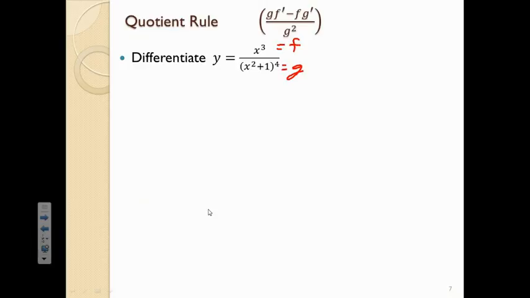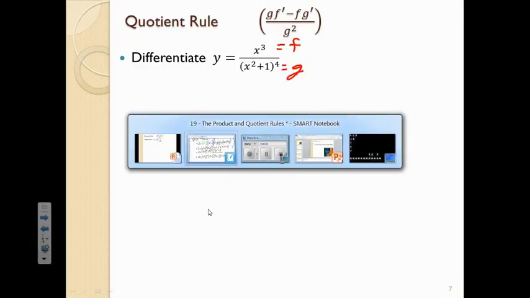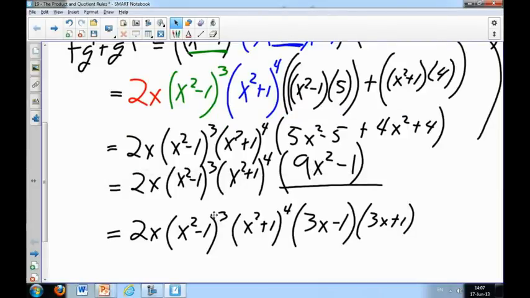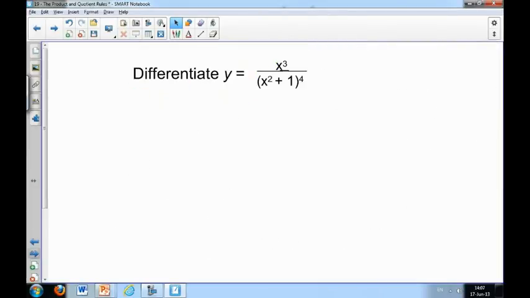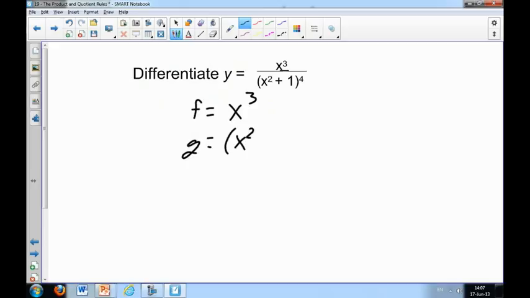So this is our f and our g. Now I'm going to switch again back to the other utility, so I have more room for writing, but it's the same problem. So we identify that our f is x cubed, and our g is x squared plus 1 to the fourth power.